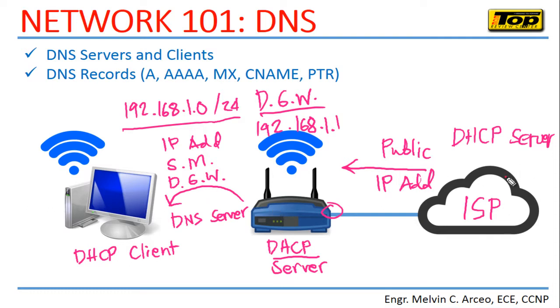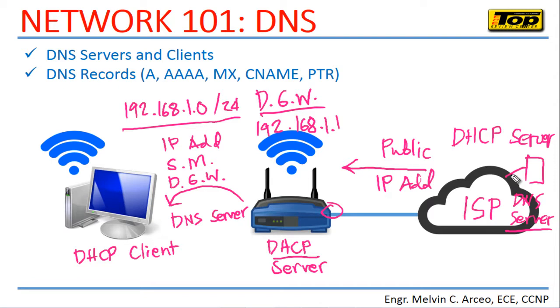And of course, somewhere here in the ISP, meron din itong DNS server. Okay? At kalat-kalat yan. Sabi nga natin sa concept, it has thousands of DNS servers scattered all over the internet. So yung DHCP server natin, which is our wireless router, will connect to the DNS server somewhere in the internet universe.